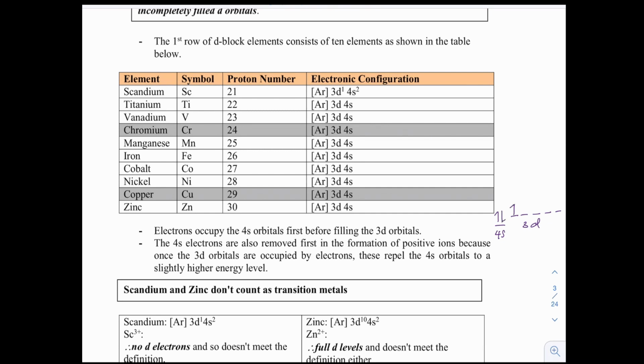But according to the rules, as soon as the 3d orbital starts to fill up, these electrons in this orbital will start to repel this 4s orbital to a slightly higher energy level, which means this whole orbital here will be repelled up to a slightly higher energy level. So it goes up right now. So the energy level for 4s orbital will be higher compared to 3d orbitals right now.